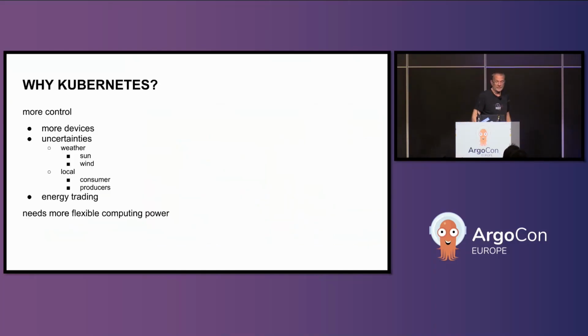Why Kubernetes? Of course, we need more control. We have more devices. We have uncertainties in this area because we have to manage the weather, sun and wind for photovoltaic and wind energy. Locally, you have consumers and in the future producers. And we also have energy trading in that business.